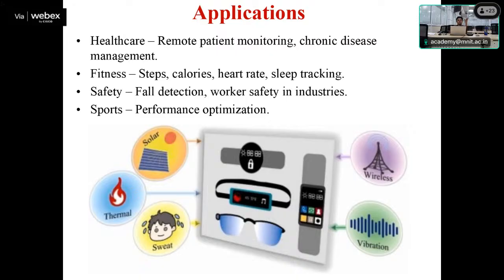Sleep tracking. If a person has some sort of sleep apnea problem or maybe some mental health problem, sleep could be considered a very important vital part of our body. Ideally we should have 6 to 8 hours of sleep.